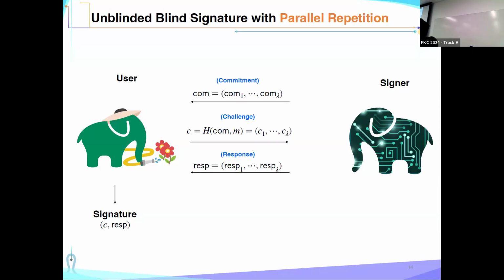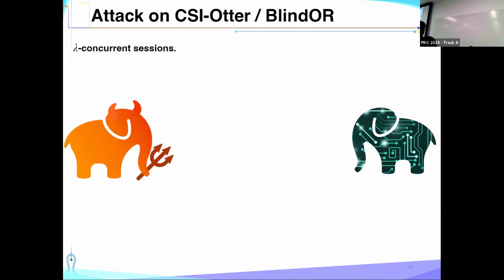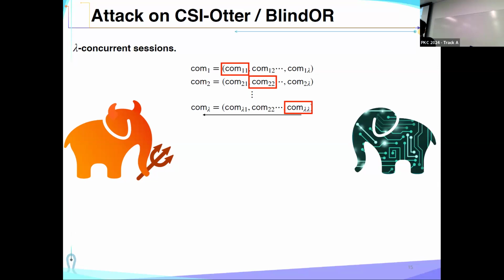Next we consider the unblinded blind signature with parallel repetition, which means that the signer sends a bunch of commitments, and then the user sends the challenge string, and then the signer sends a bunch of responses, and you can get a signature. And now we're ready to break Schnorr and Blind-OR at the same time. Let's consider we have lambda concurrent sessions, where lambda is the same as the number of parallel repetitions.